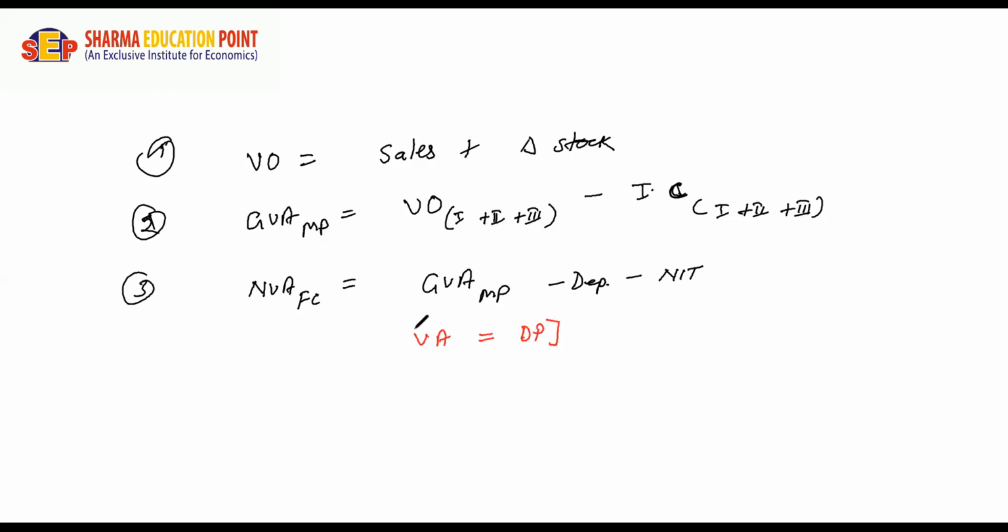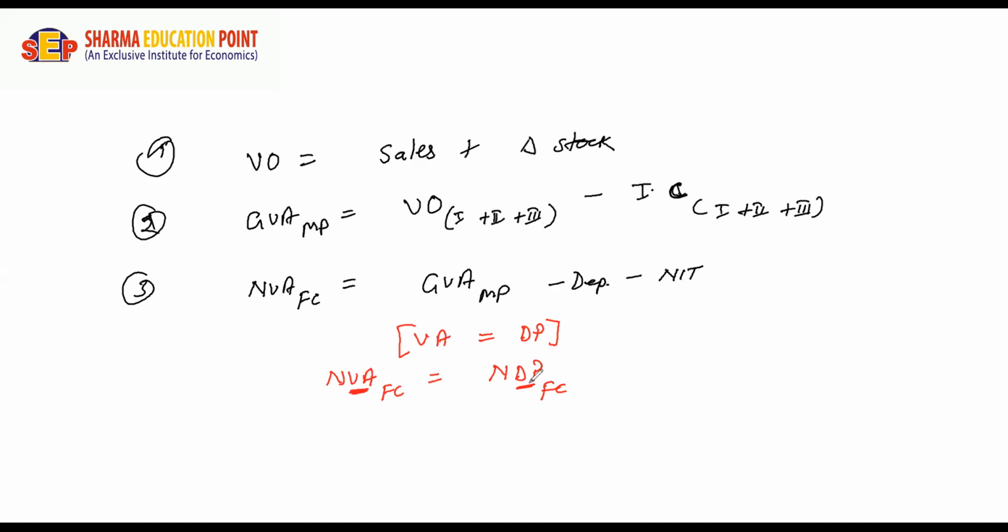So both are synonyms in this method. Value added and domestic product are the same concept. It means net value added at factor cost can also be written as net domestic product at factor cost. VA is equal to DP, so VA or DP both are synonym terms in this method. So NVA FC is termed as NDP at FC.